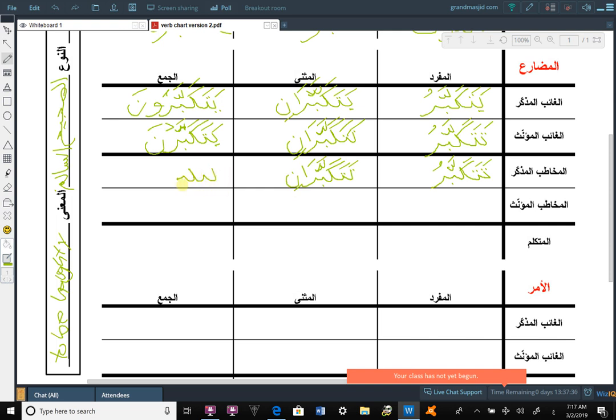Add the waw jama' and the noon of marfu'. Here we add the ya mukhatiba. Tatakabbarina. And the noon of marfu'.